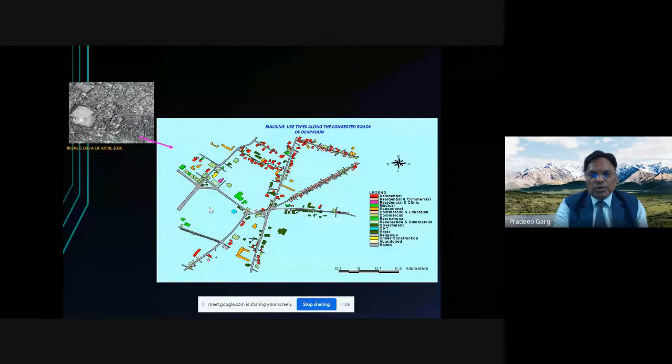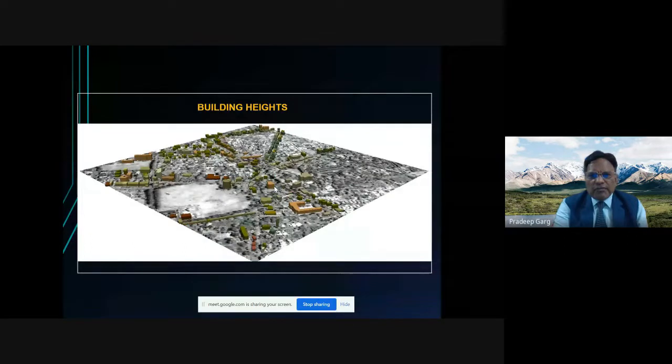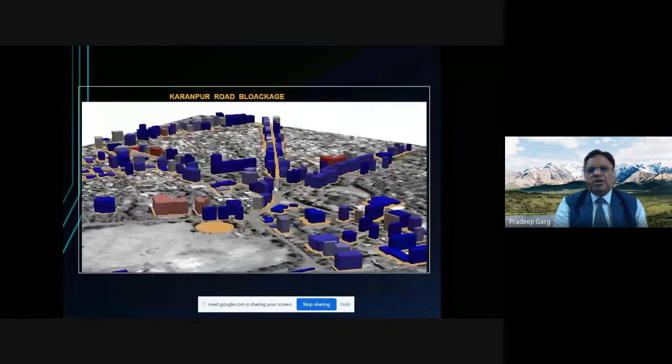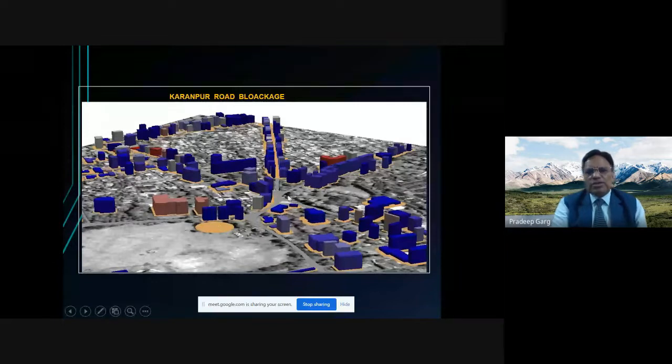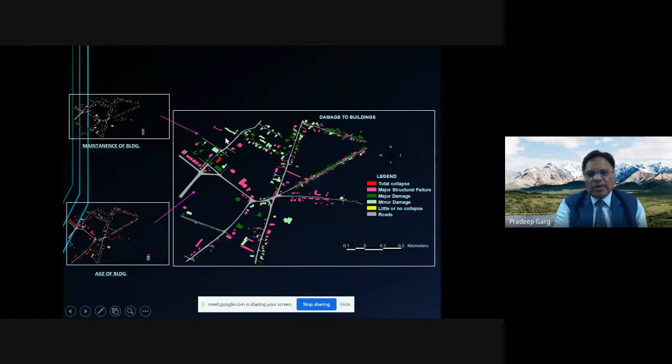Using that simulation study, I'm showing you a quick result. This is a road, and on both sides of the road you can see the houses. So this shows basically when the earthquake takes place in this particular area, those brown colors are those areas where the building will be completely damaged.